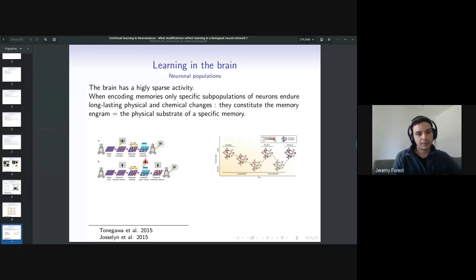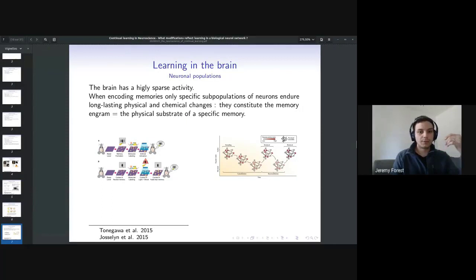And here in the second part of the figure, we can do a similar thing where we basically induce a false memory. We label the cells that are activated in a specific environment. We take the mouse to a second environment, and we shock it while artificially activating the cells of the first environment. And then the mouse is going to express fear in the first environment, but it was never shocked in the first environment.